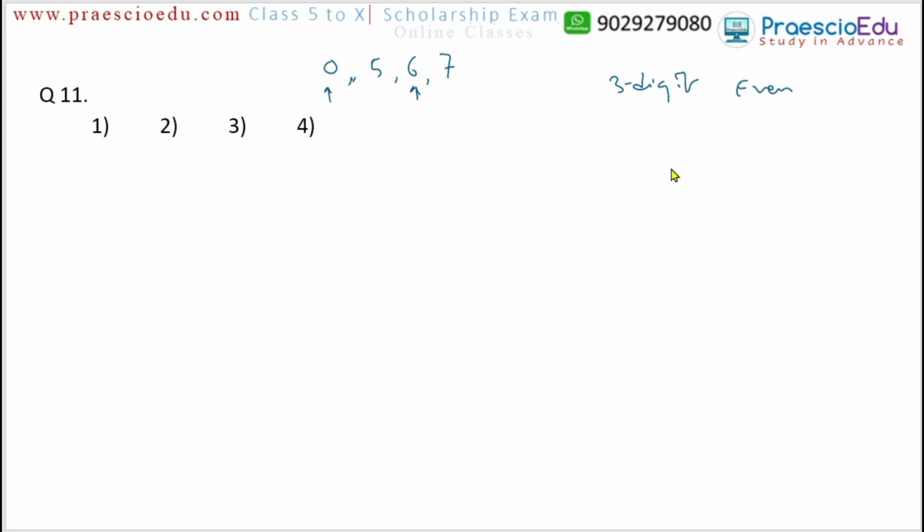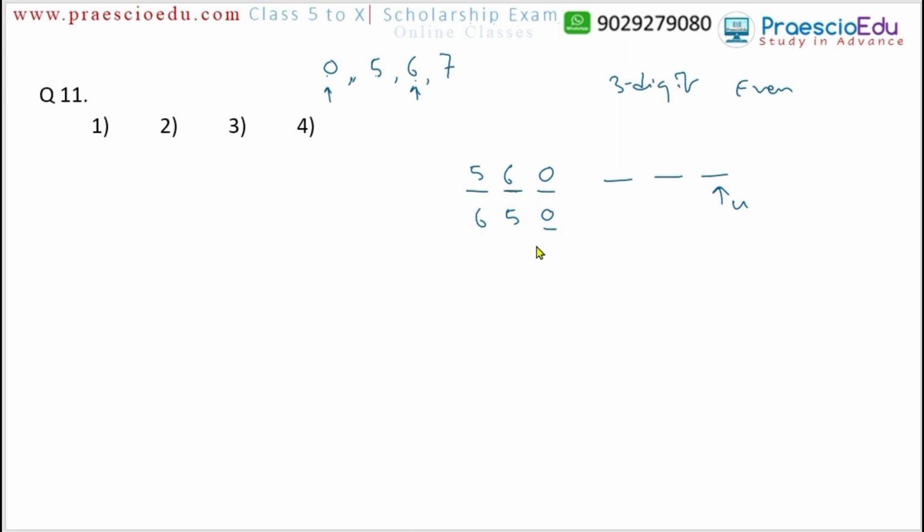So suppose that this is the 3-digit number, so at the unit place either 0 or 6 we have to use. So first check with a 0. If we check with a 0, 1 digit already we have taken, so another 2 digits we can take. So after this 0, let's take 5 and 6, and same we'll interchange this one, so this one also comes.